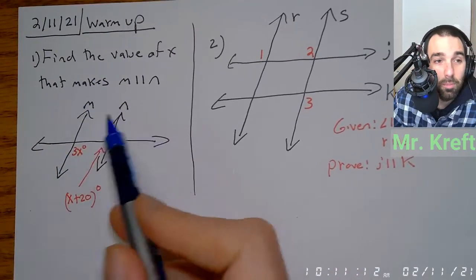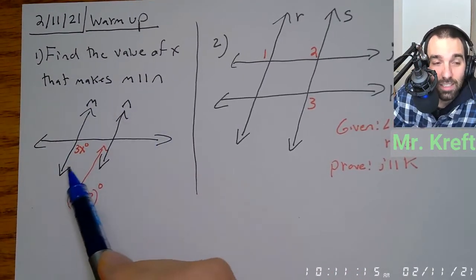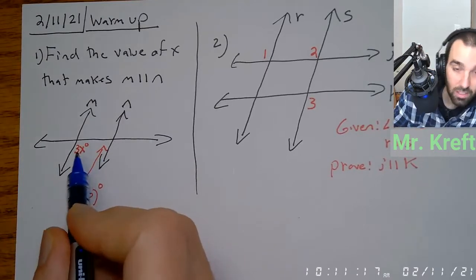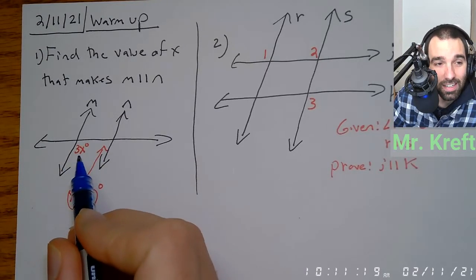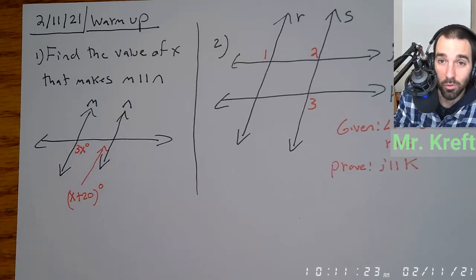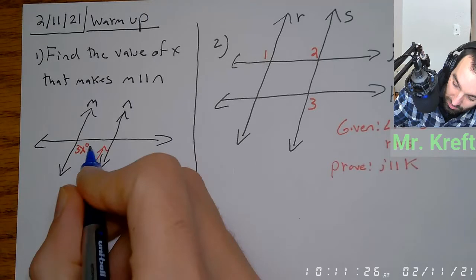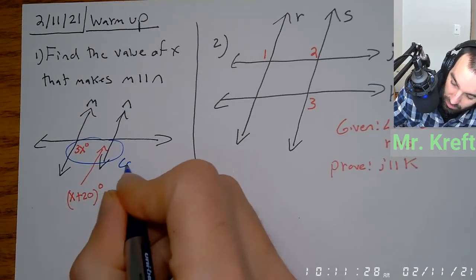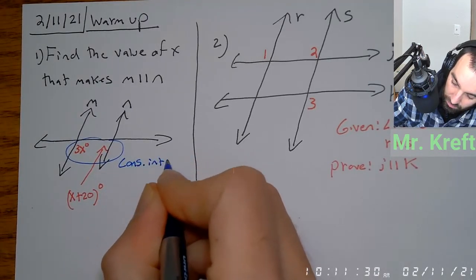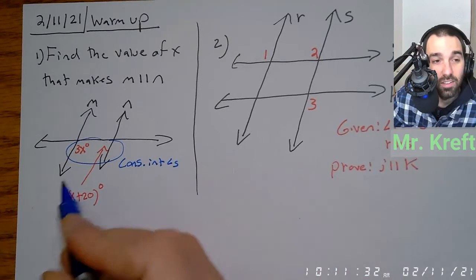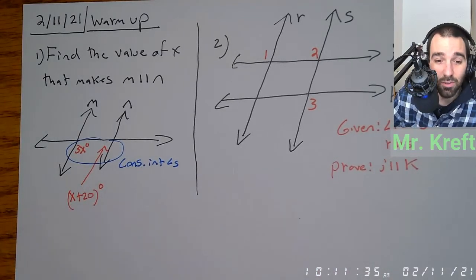All right. So if we want to make these lines parallel, we need an angle rule. The first thing we need to figure out is what angle rule we are looking at. If I take a look here, they're both on the inside and they don't switch, so these would be consecutive interior angles.